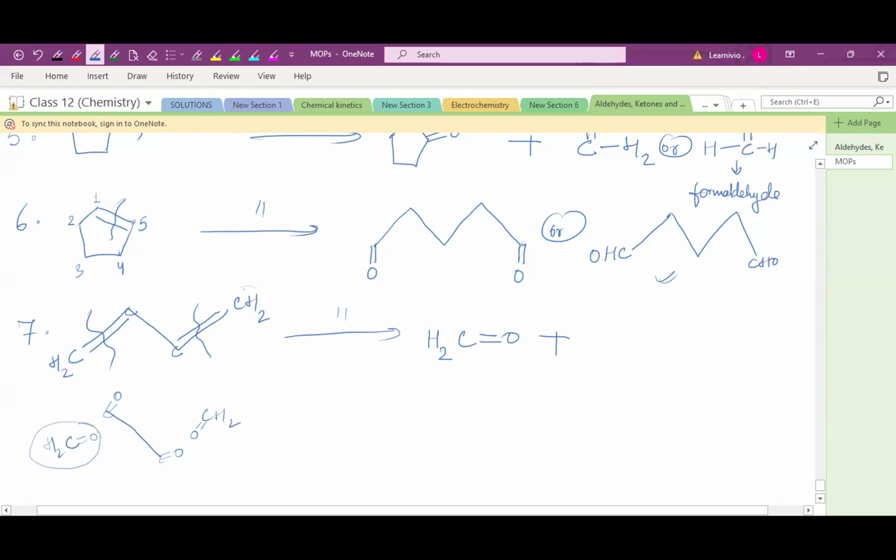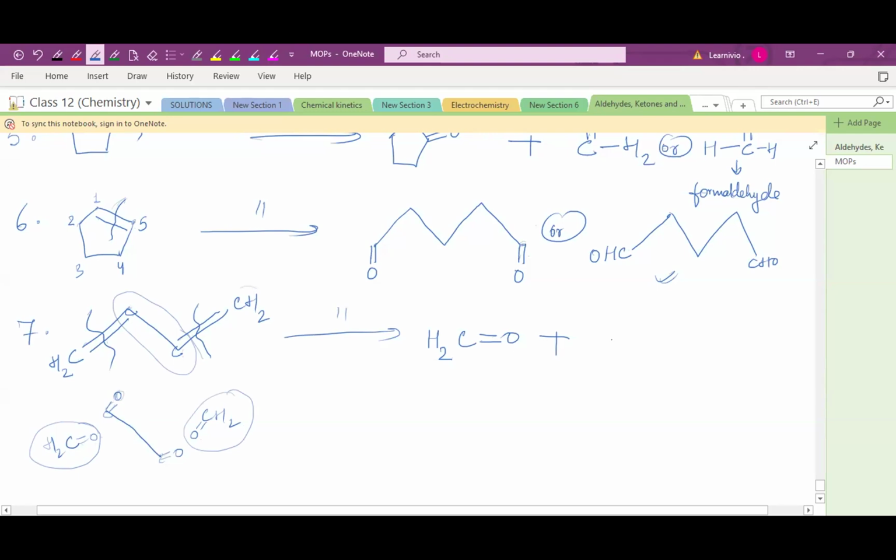Now for this CH2, when you break this bond, you will get this CH2 and oxygen. And what about this one? This carbon and carbon are again involved in the double bond, so again you will attach one oxygen, one oxygen.